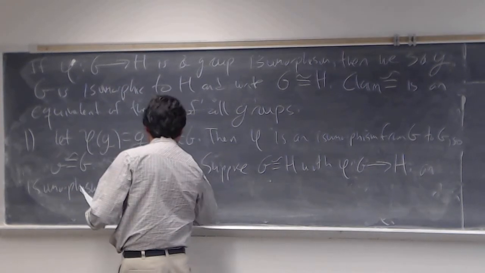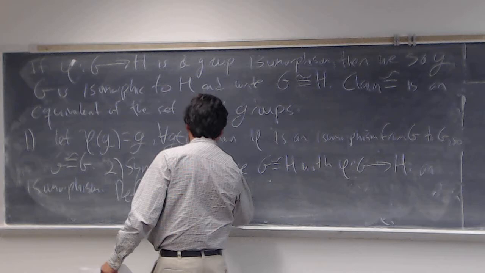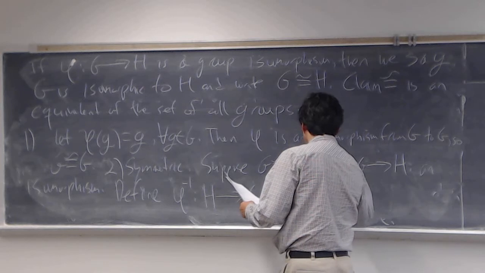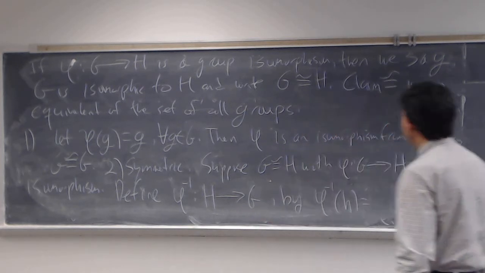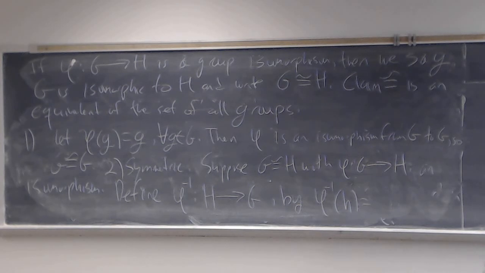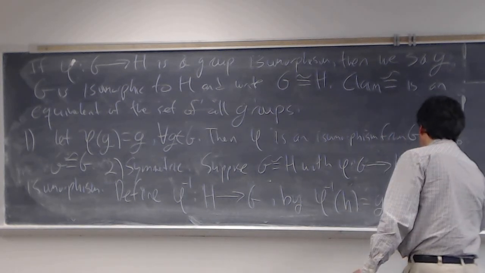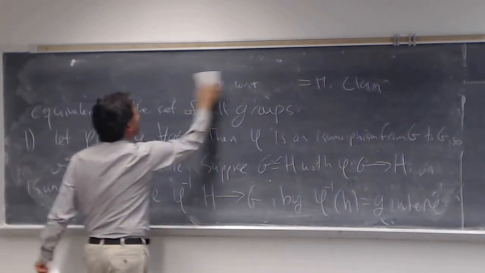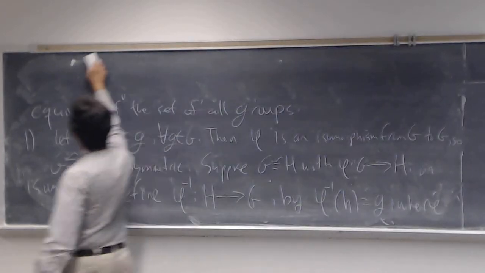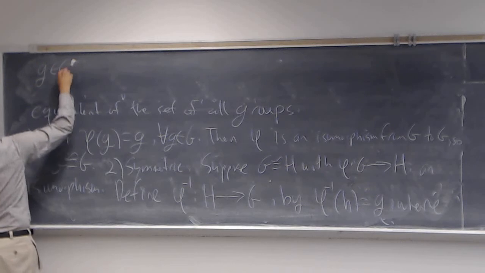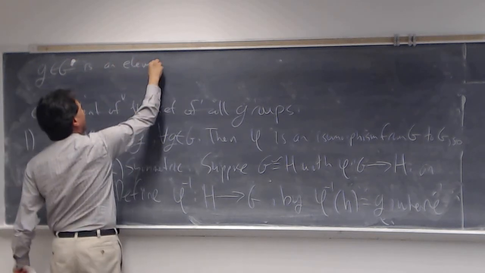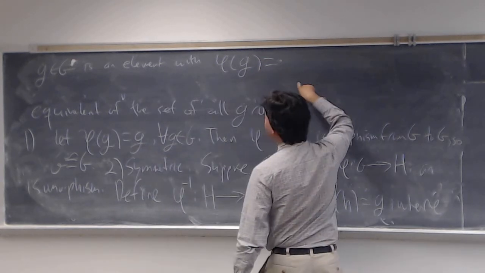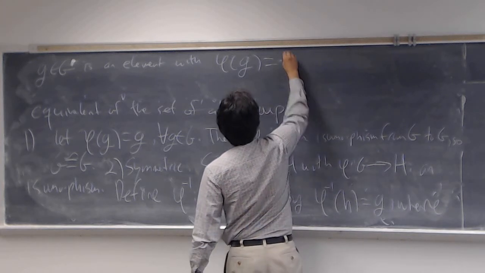But let's actually define phi inverse from H to G by phi inverse of h is equal to g, where g in G is an element with phi of g equal to h.